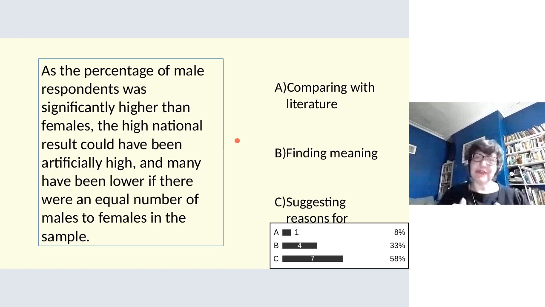Quite often we see that gender, like I say, with age, can sometimes influence the results in things like questionnaires and surveys. But also, I chose this one because it does something really quite nicely, and it's got this caution: could have been artificially high. This, I should say, may have been lower. So it's not saying, right, this is the reason why I got these results. It's saying maybe it was because of this.